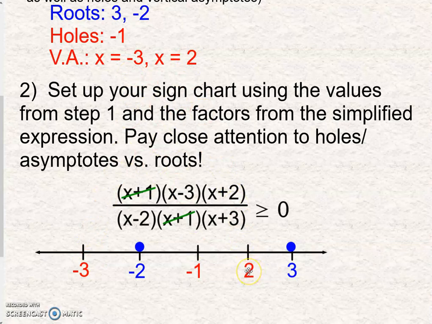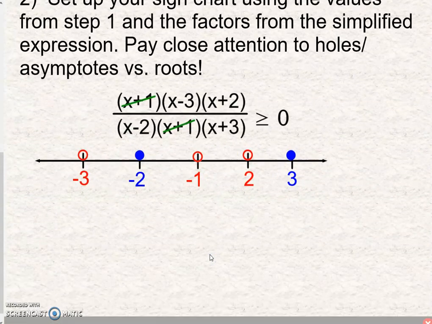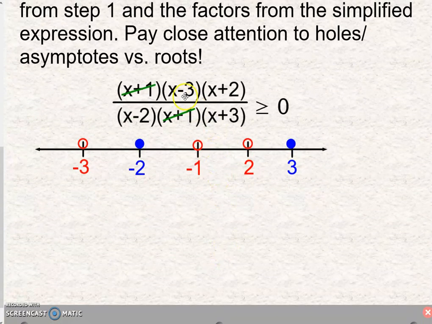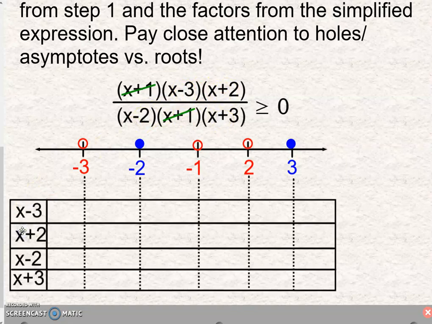And since the graph doesn't actually exist at holes or at asymptotes, I want those to be open circles, since x really cannot be where a vertical asymptote or a hole exists. And when I go to set up the rest of my sign chart here, I'm going to want these 4 factors to show up on the side, and I'm going to use the asymptotes and the roots and the holes to form my regions. And I have plenty of regions to check.